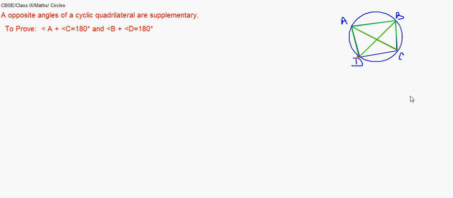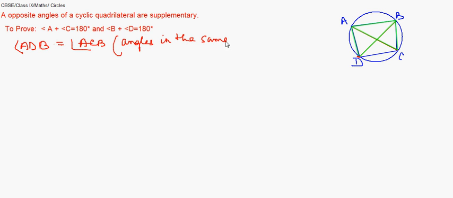We have learned previously that angles drawn on the same segment are equal, so angle ADB is equal to angle ACB, and in the bracket you can write angles in the same segment.